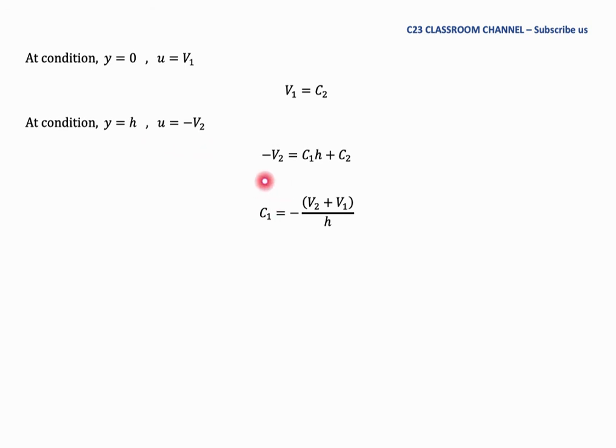We get another equation, which is minus v2 equals c1h plus c2. Then we can simplify the term c1 as minus v2 plus v1 over h. Now we get the value of c1 and also the value of c2.